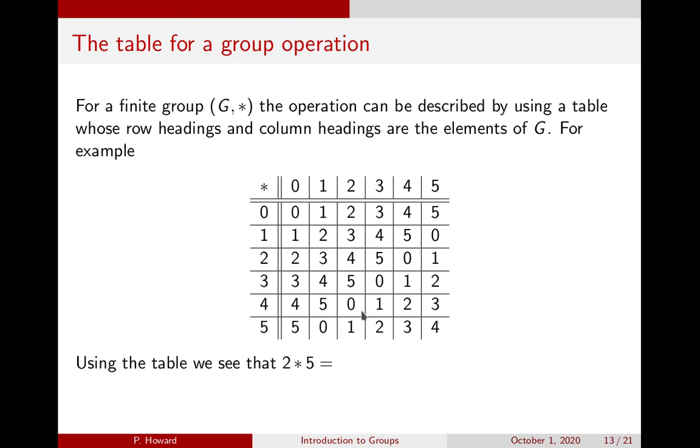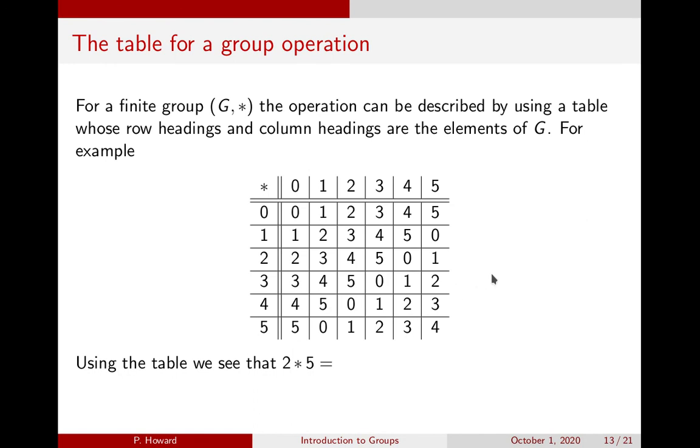So, for example, here is a table for a group G star, and the elements of G are 0, 1, 2, 3, 4, and 5. They form the column headings and the row headings. And then the operation is described here in the body of the table.